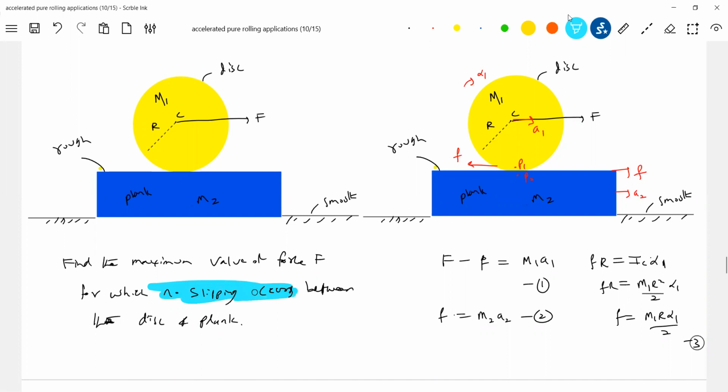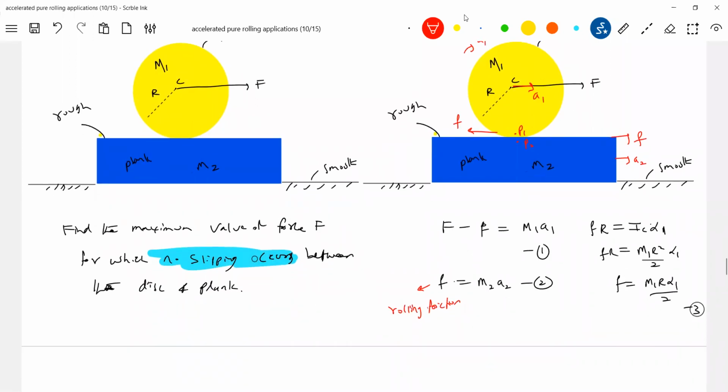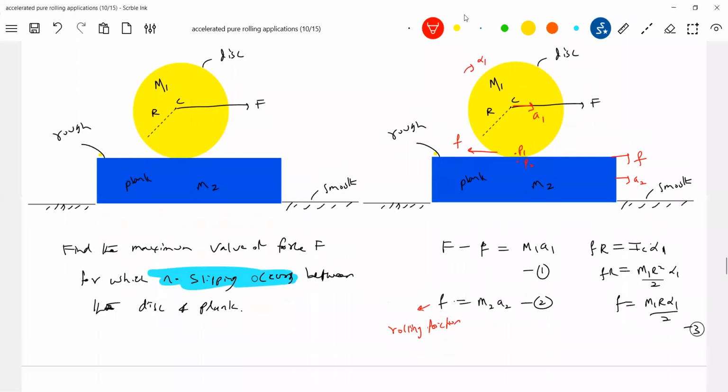The friction acting is the rolling friction. Then for no slipping, what is the equation? A1 minus R alpha 1, the acceleration of point P1, should be equal to the acceleration of point P2.